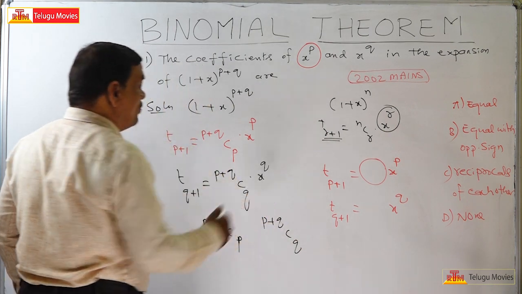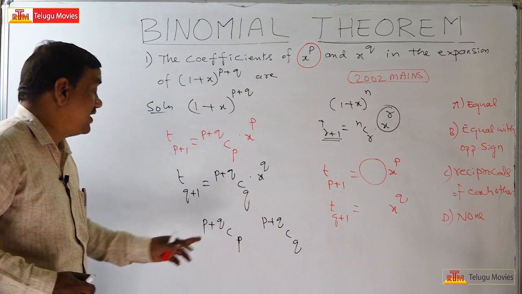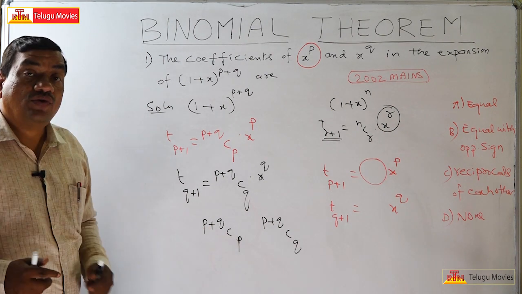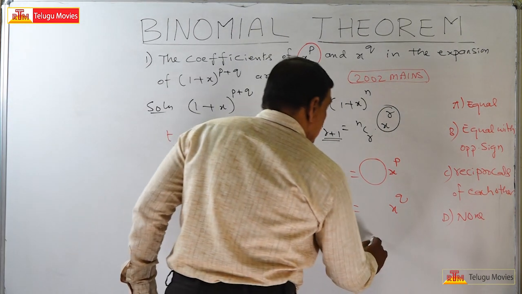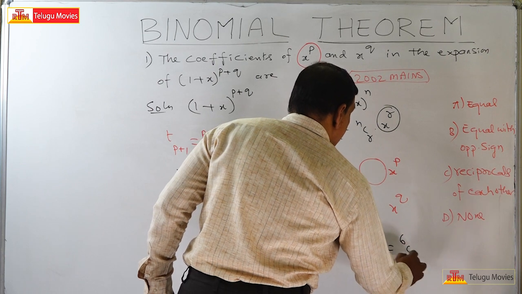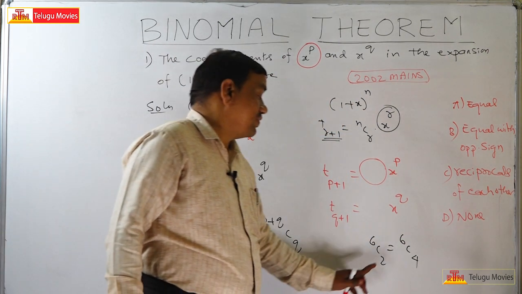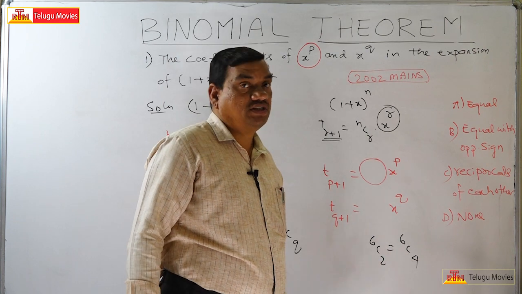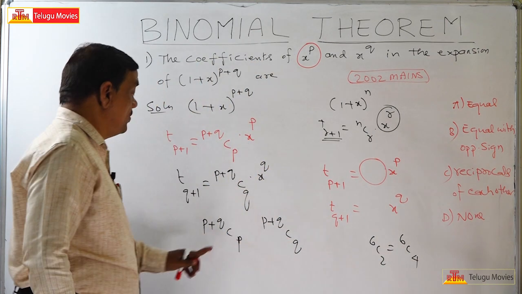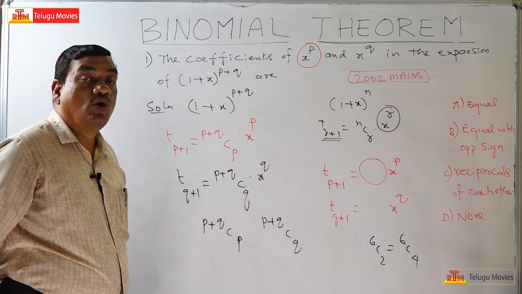So these two coefficients, are they equal or not equal? If you observe, we already know that 6C2 value is the same as 6C4 value. Why? 2 plus 4 is equal to 6. So here also p plus q is the total.